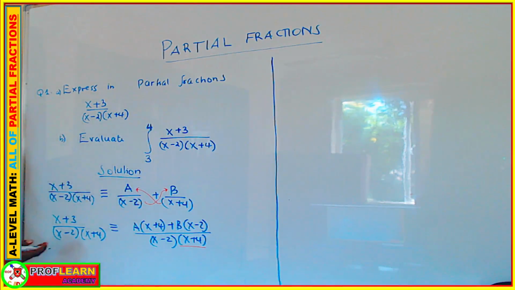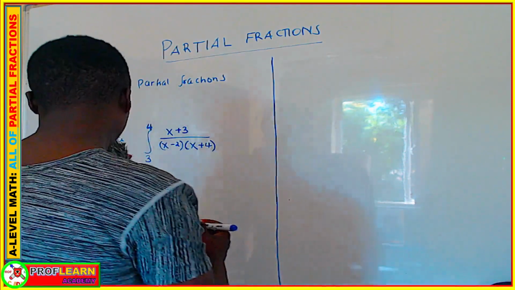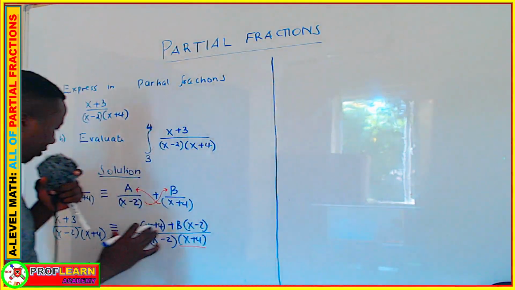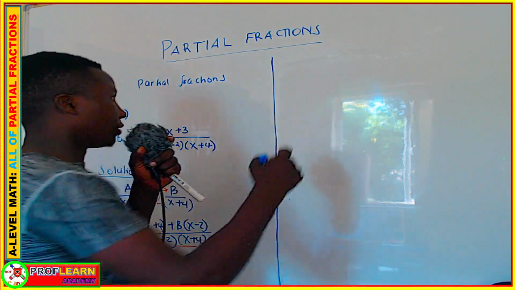You see the denominators are the same in this case, so the numerators are going to be the same. So we can write whatever we have at this point by equating only the numerator, the upper part of the equation.